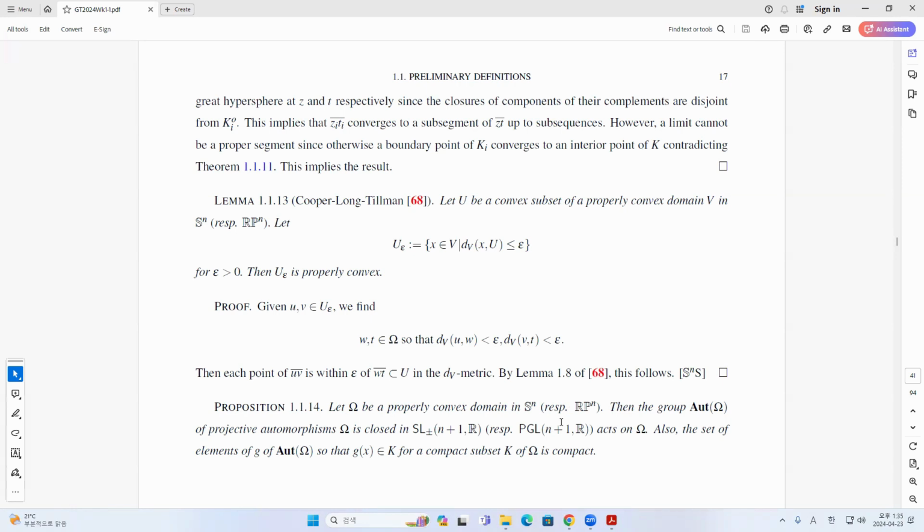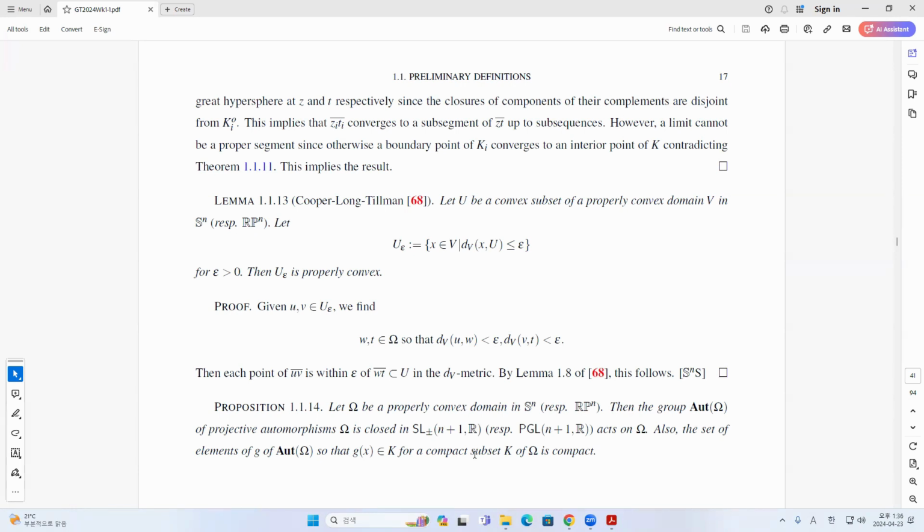Omega is a properly convex domain, and the group of automorphisms fixing omega is closed as a subgroup, but it is always going to be a discrete one, with dimension 0.